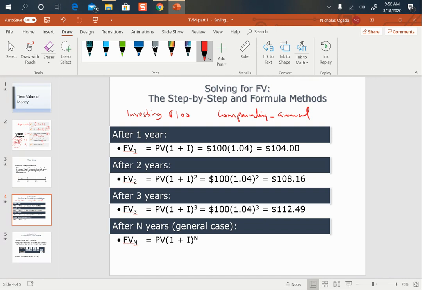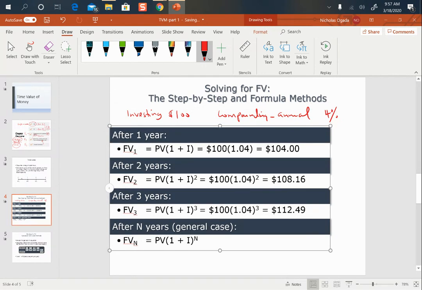And the rate you're being given, the compounding rate, is 4% per year, and you're doing this investment for 3 years. So the investment is for 3 years at 4%, and you're investing $100 today.